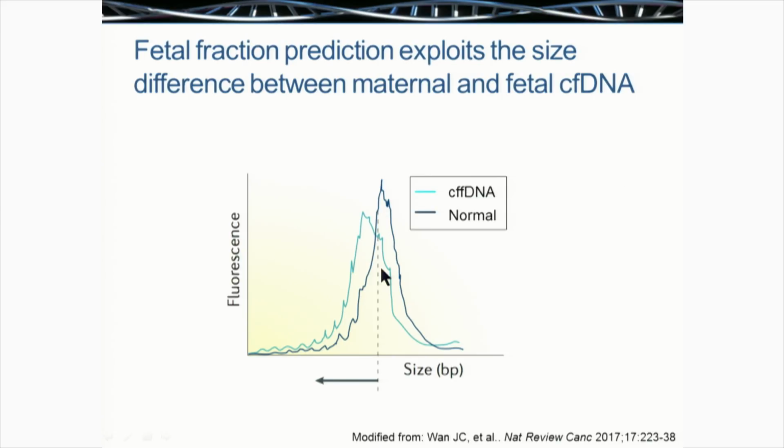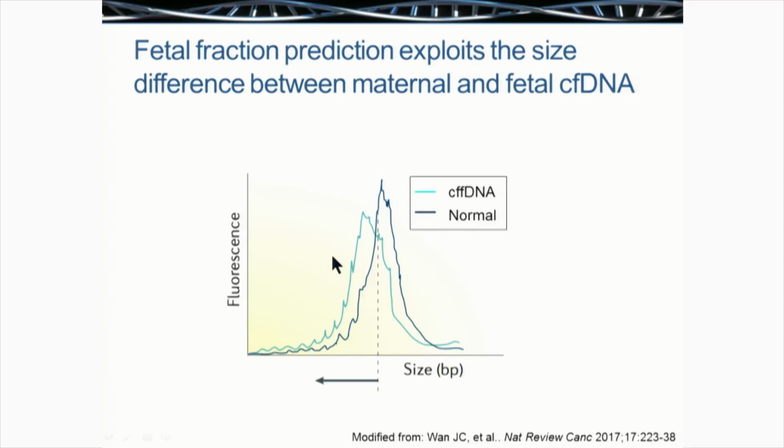But the biology of it is still not well elucidated, but the reality of it, and this is an idealized image, I'm going to show you real data that doesn't look as pretty as this, is healthy cell turnover in mom's circulation mostly comes from hematopoietic cells. So it peaks at about 167 base pairs, okay?